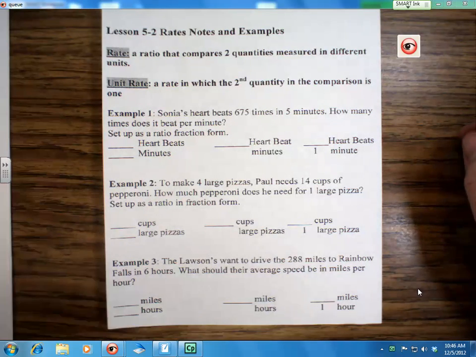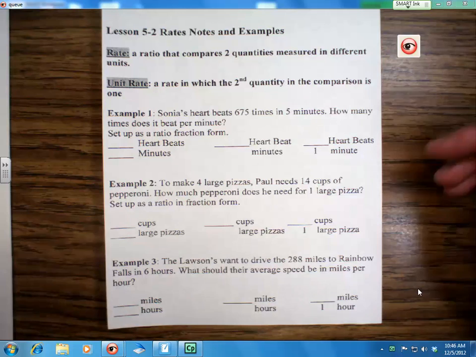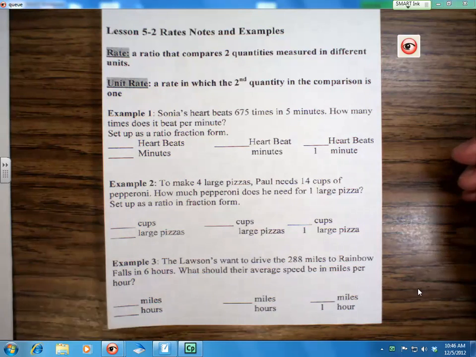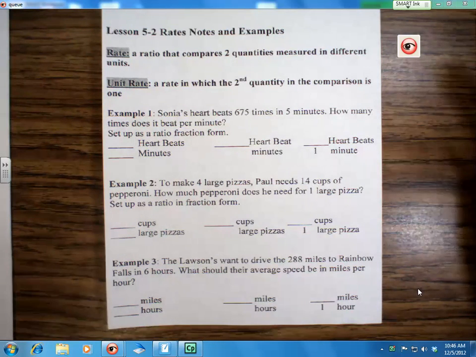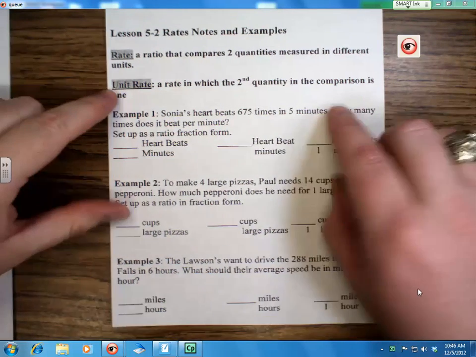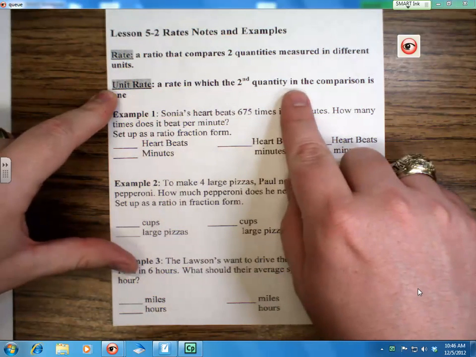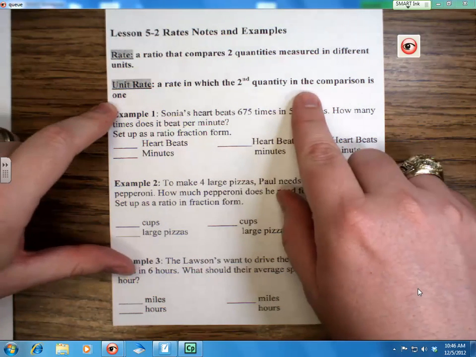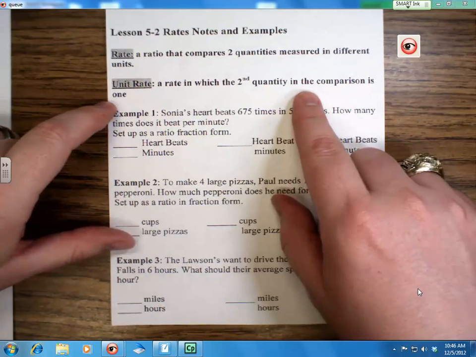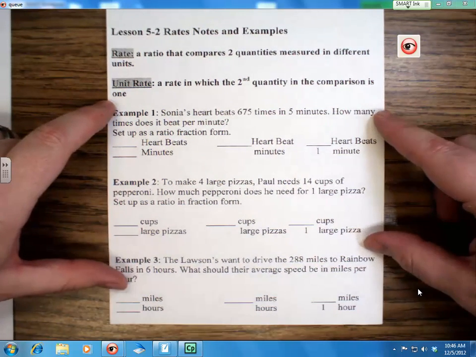That could be like miles per hour, because you're comparing miles to hours. A unit rate is a rate in which the second quantity in the comparison is 1. And that's what we're going to be working on today, really, is finding our unit rates for the most part.